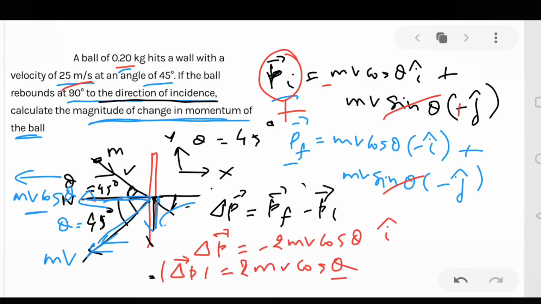If you substitute and simplify, you will get the result as 5 root 2 kg meter per second, which is the unit of momentum. The calculation you can do yourself, but the main thing is the understanding of the concept.